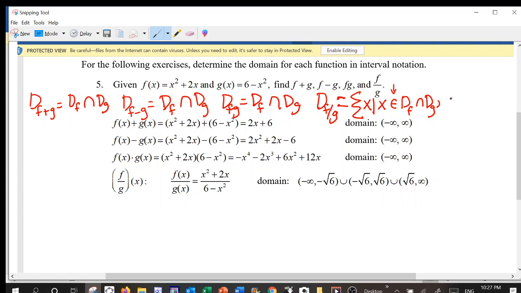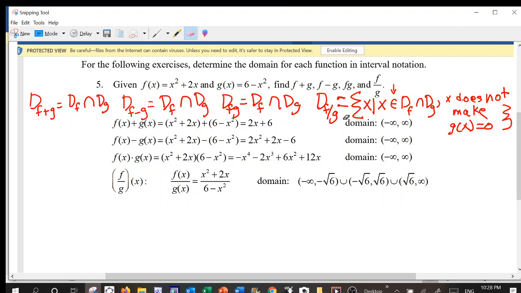And also x does not make g of x 0. So that's kind of a set that we have to have.